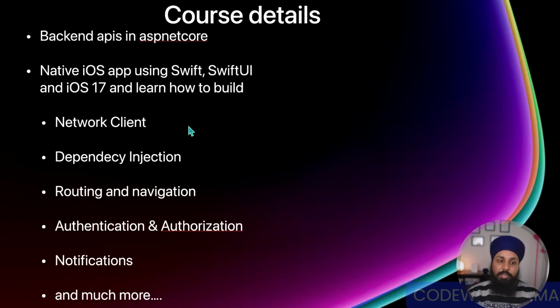How we build a network client, dependency injection, making sure your components are loosely coupled and not tightly coupled, and then how you mock them, how you write your unit test cases, how you handle routing and navigation. iOS 16 makes it very easy to build routing and navigation within the system.